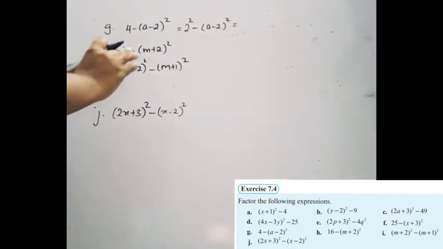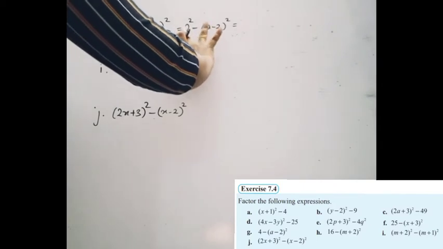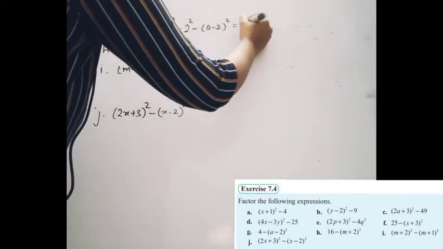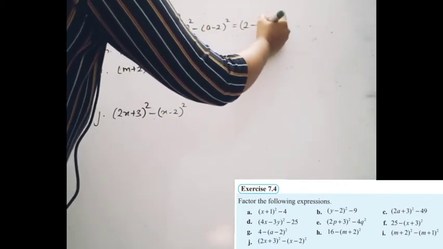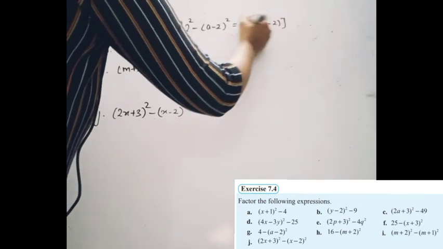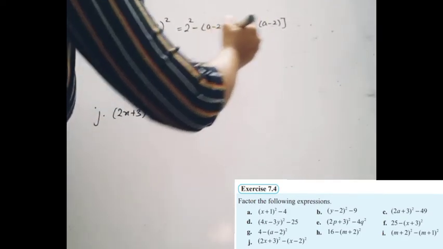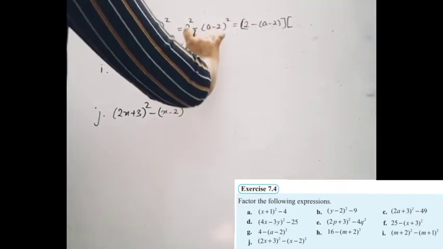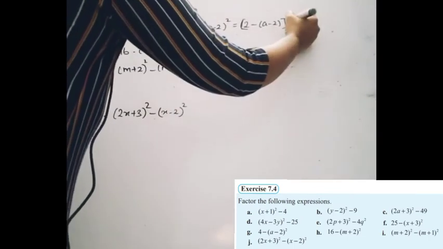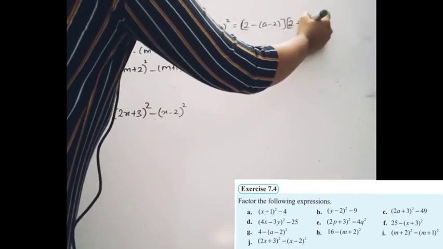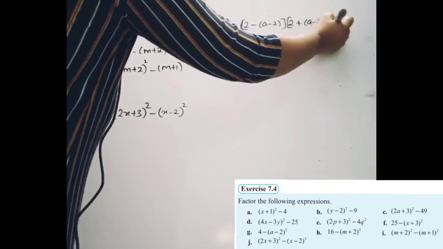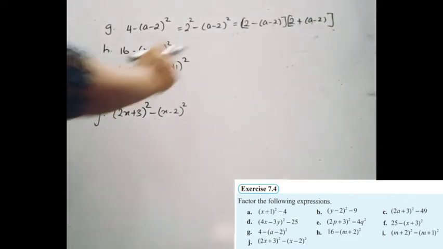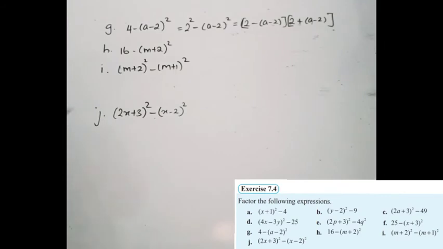So here the answer will be coming as the difference of these two first. So 2 minus a minus 2 is one thing. And the other one is addition of those two terms, which is 2 plus a minus 2. So what you can do here is you can simplify this answer as well.